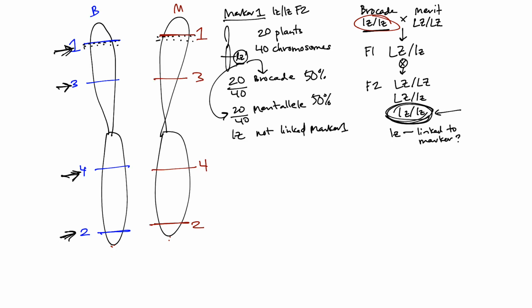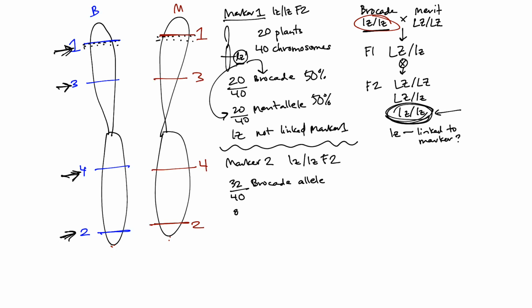Now let's contrast that to marker 2. In marker 2, again, we're looking at only the LZ homozygous F2 plants. By counting up the alleles in the gel, we can see that 32 out of the 40 alleles we're looking at have the Brocade allele, and 8 out of 40 have the Merit allele.